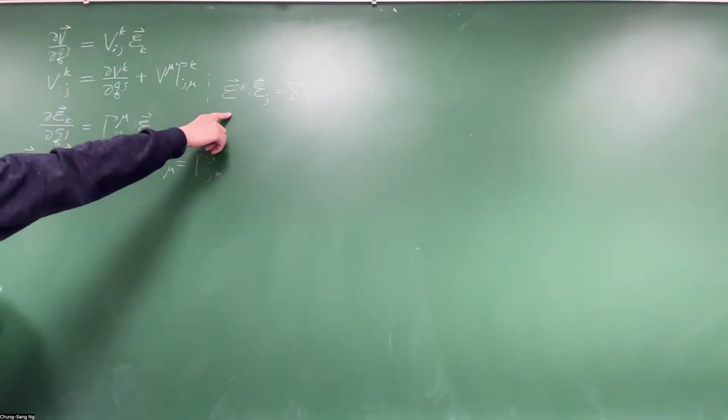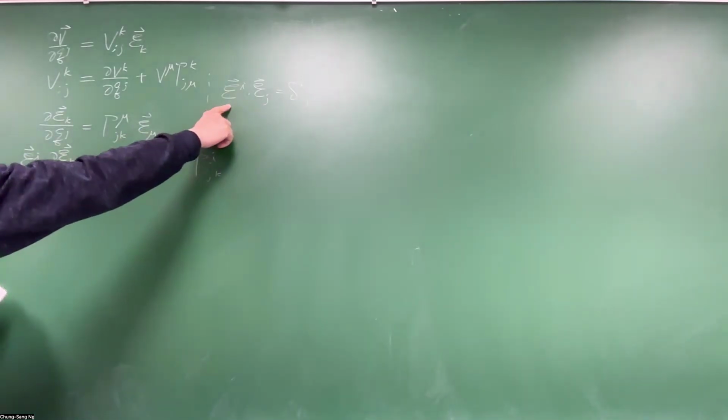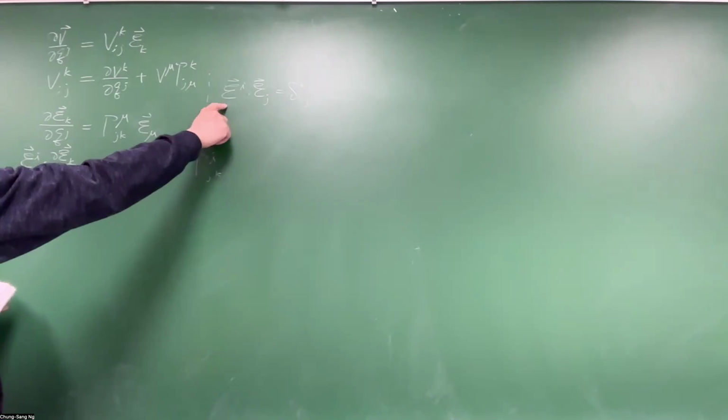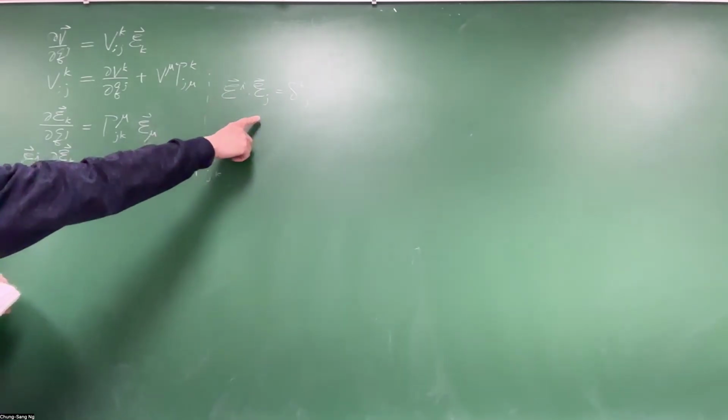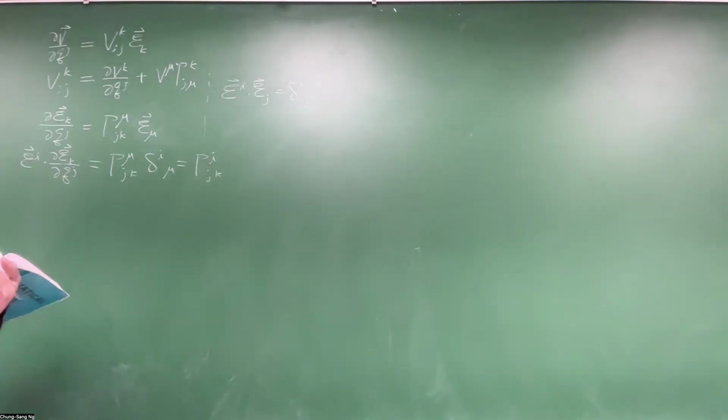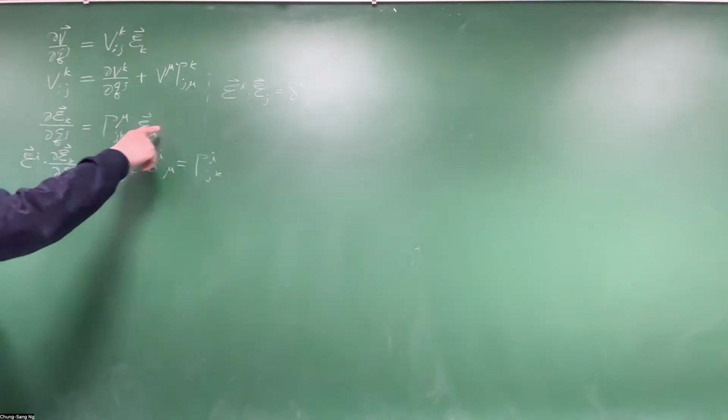Yes, so this is the relationship between the contravariant basis and the covariant basis, that we defined. Okay, so this is the general case, and now we use this to solve for this.